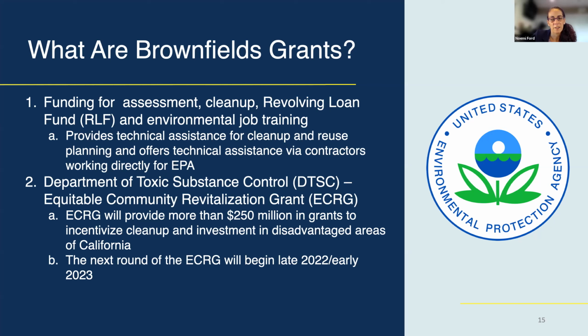They're specifically focused on areas that have experienced disadvantage or those that have been historically underserved in California. Our funding goes across Region 9: California, Arizona, Nevada, Hawaii, and the 3 Pacific Islands, and then of course, all tribes. The next round of ECRG funding will begin in late 2002. US EPA's request for applications is currently available, and I'll talk a little bit more about that. Next slide.